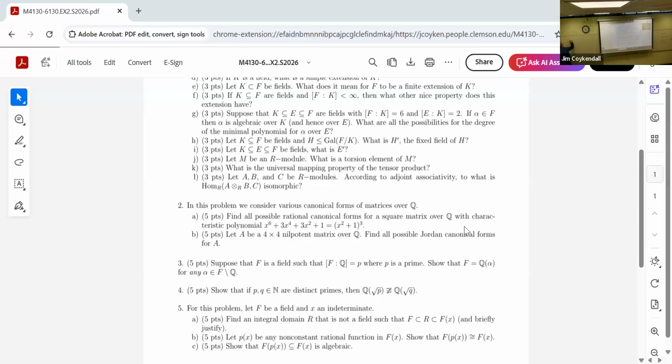Consider any field. Consider rational functions in countably many variables X1, X2, etc.